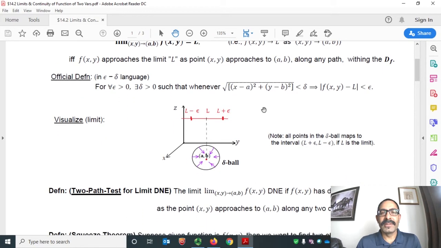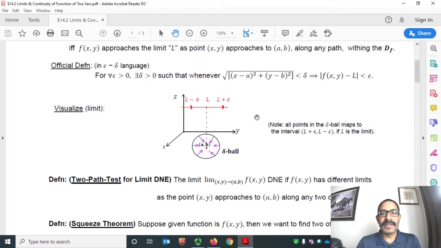Now the limit definition in terms of epsilon and delta language: for every epsilon positive there exists a positive delta, such that whenever the distance between (x,y) and (a,b) is less than delta, then the distance between f(x,y) and L is less than epsilon, which is easier to understand from this diagram below.